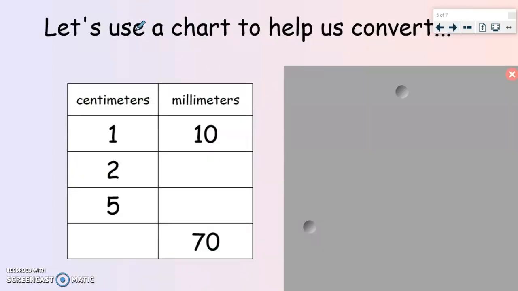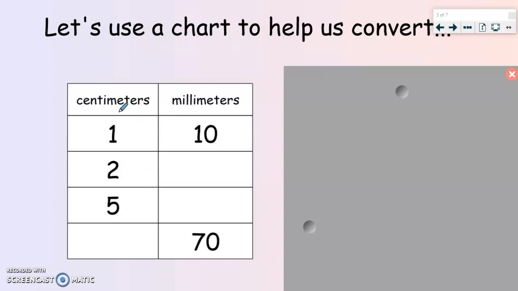All right, so let's see if having a chart here helps us with converting. And we've done charts before. This is like an input-output chart, like when we did working with patterns. If you remember, you have to figure out the rule. What's the rule that the numbers are following? And it's actually really easy in this case because we actually know the rule, right?